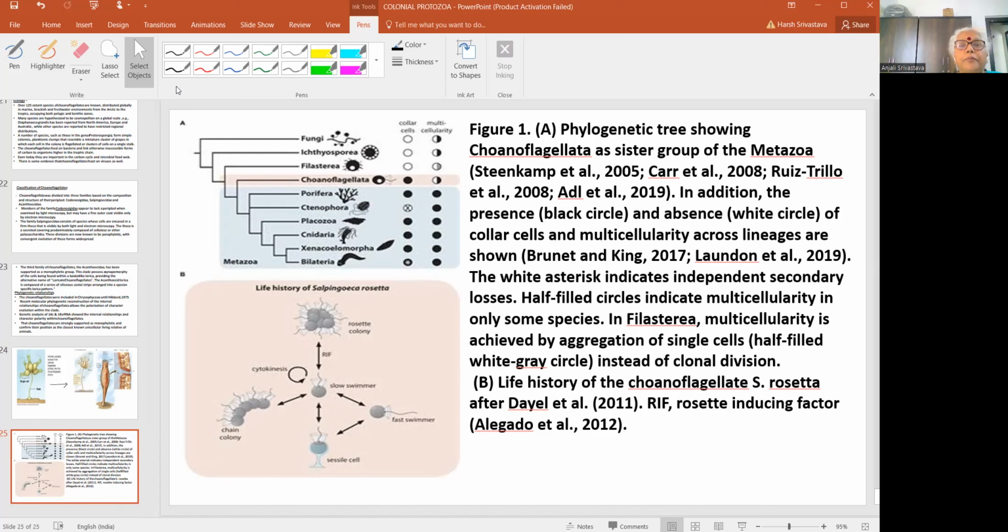If you want the common ancestor hypothesis, the endosymbiotic relationship, or the colonial flagellated hypothesis elaborated or discussed in detail, just write in the comment box. Otherwise, I think I have given you enough material on the colonial protists as well as colonial protozoans.